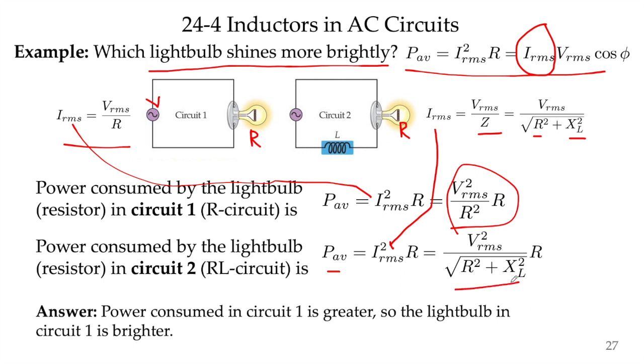You can see that everything, V squared, R, they're the same, but circuit 2 is divided by a larger number. So that means this is going to be smaller. So the power in circuit 1 will be larger.